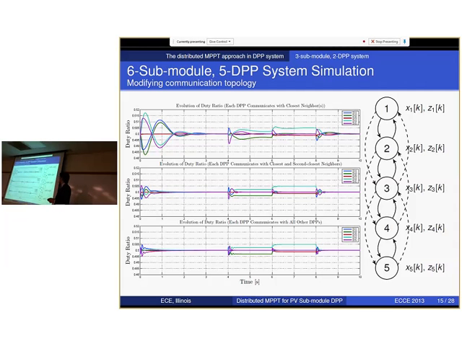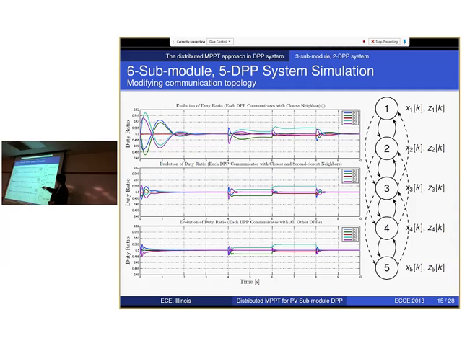And what I'm trying to show here is that there is more flexibility in the design and improvement of this algorithm, that by having duplicate, redundant communication, we can actually improve the properties of this algorithm.